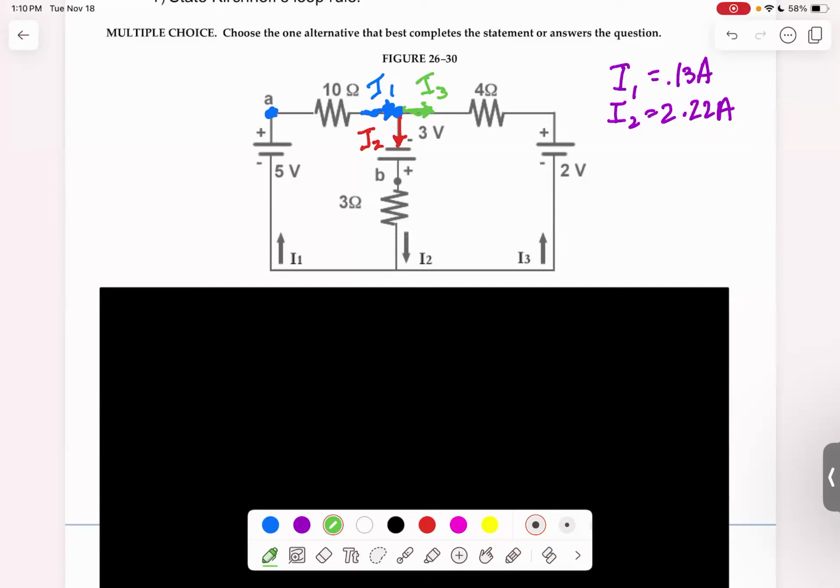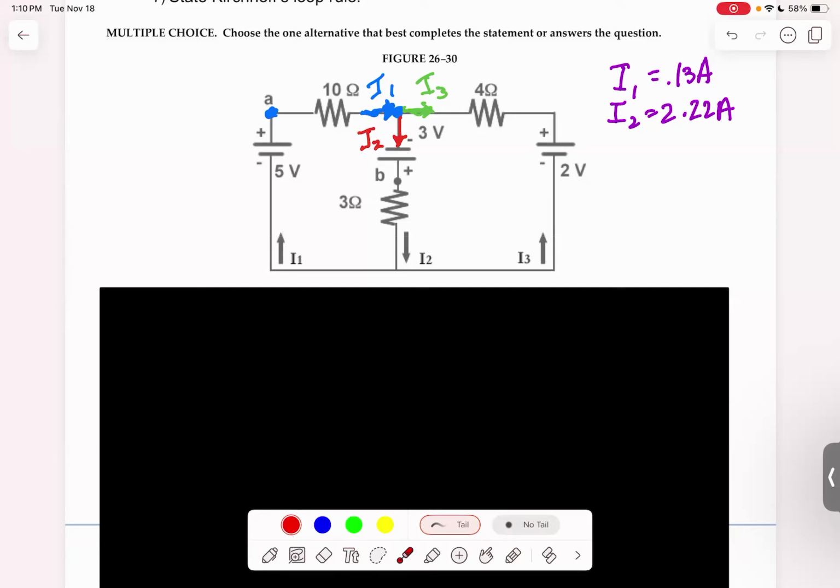Now, you can make the same argument over in this area as well, but for the sake of time, you'll notice that when you replicate the two junction rules, the equations are basically identical to one another, or they only differ by a minus sign.